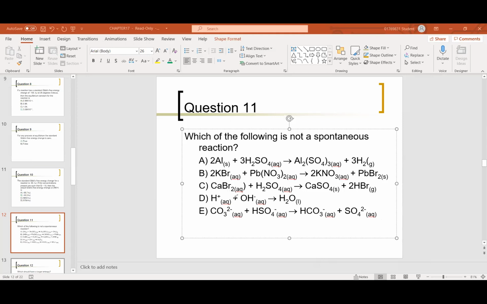Okay. This last one is going to be odd. Ooh, okay. Entropy on this side. Entropy on this side. Entropy on this side.